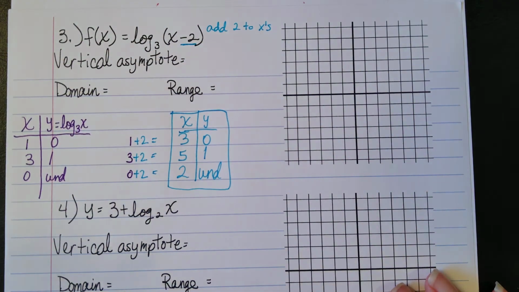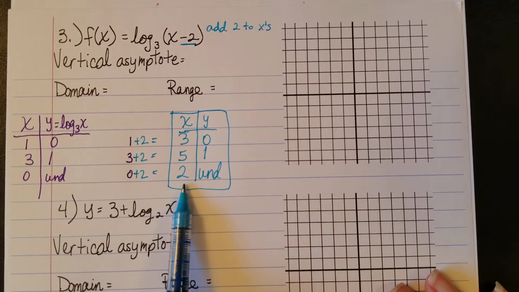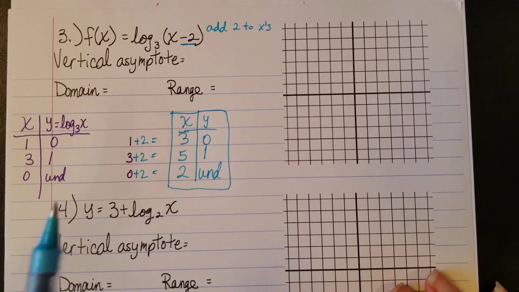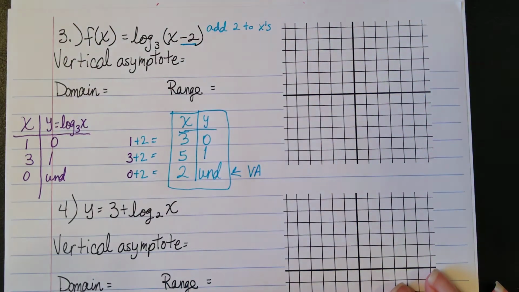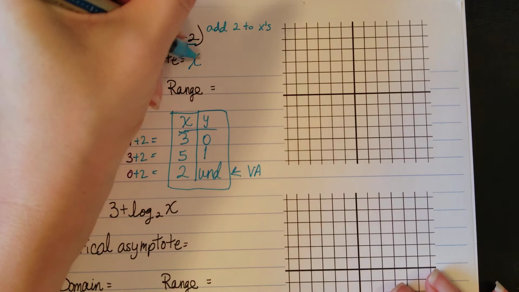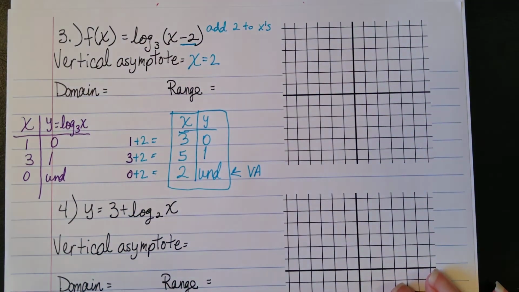Because we have shifted the function 2 units to the right, our vertical asymptote has been shifted 2 units to the right, because wherever it says undefined, that's your asymptote. So the vertical asymptote is now at x equals 2.